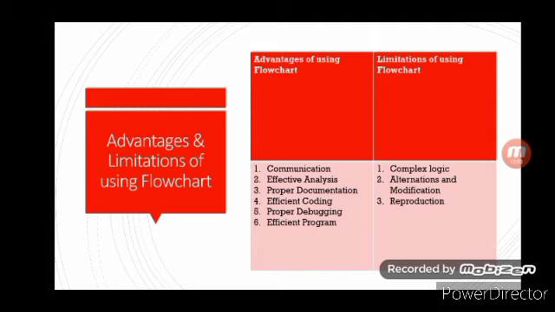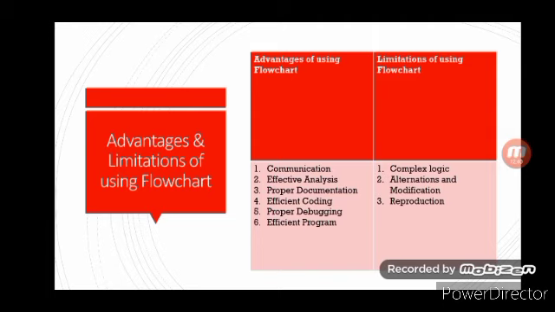When we are not able to communicate with a person who is not familiar with our core area, then we can communicate with flowcharts and make them understand easily. The second point is effective analysis. Effective analysis means that whatever we are planning, if we draw that problem in a flowchart way, then it is easy to understand what we are doing there.